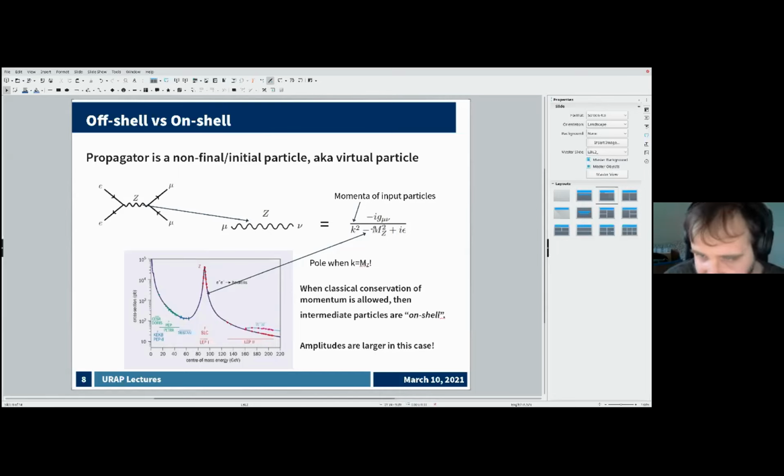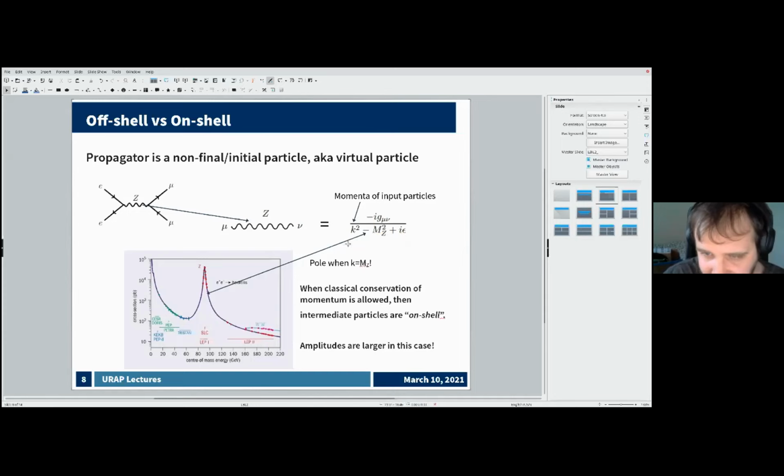And then there's a hint in the math. When you write down the rules, just to give you a bit of a taste, this Z that's in the middle shows up in the integral as what's called the propagator, which has this form. It's basically 1 over something, where that something is k, the momentum of the input particles that you put in, minus the mass of the Z, plus a higher order correction, which is this i epsilon, right?